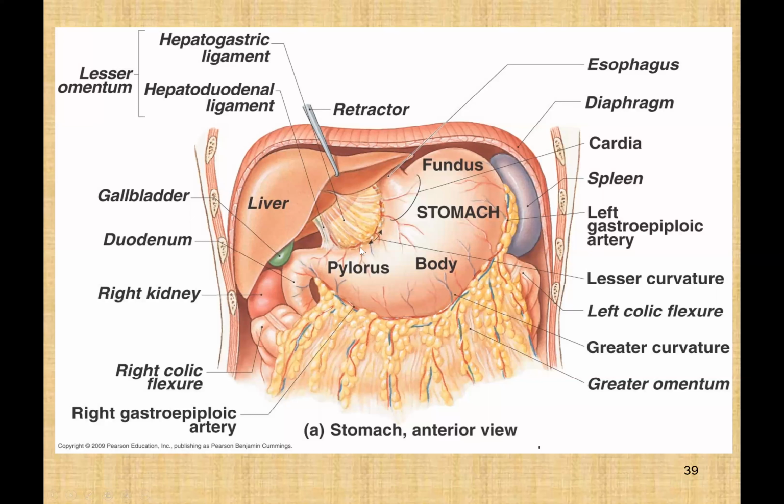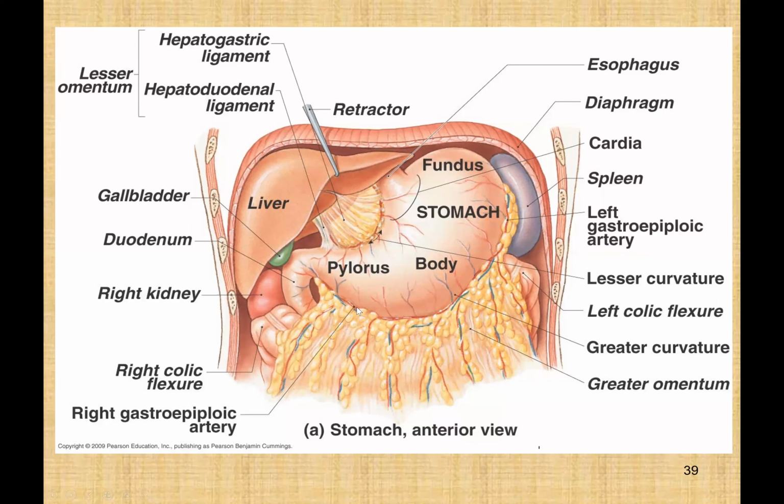The one that will connect the liver to the duodenum is known as the hepatoduodenal ligament. The hepatoduodenal ligament will connect the liver to the pylorus. So the hepatogastric ligament and the hepatoduodenal ligament make up the lesser omentum.